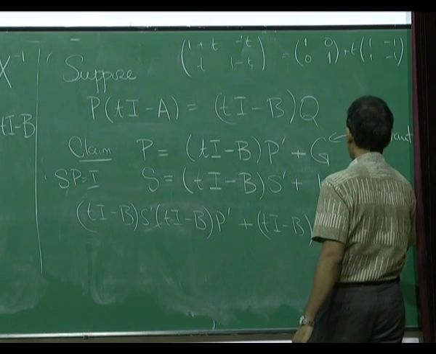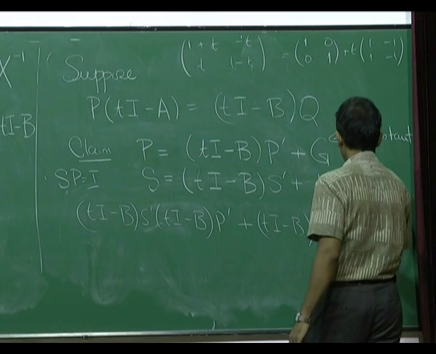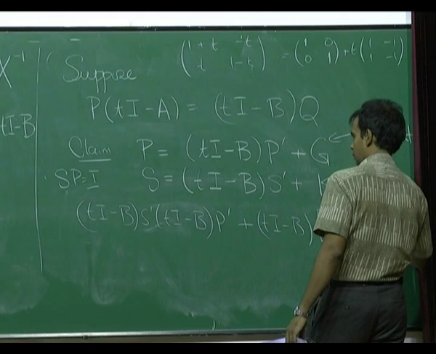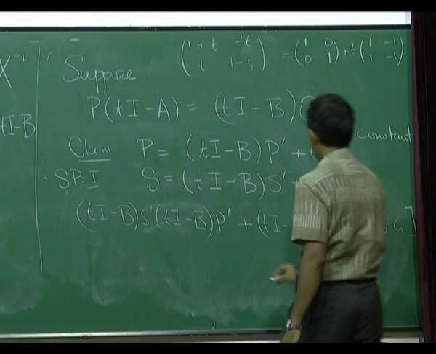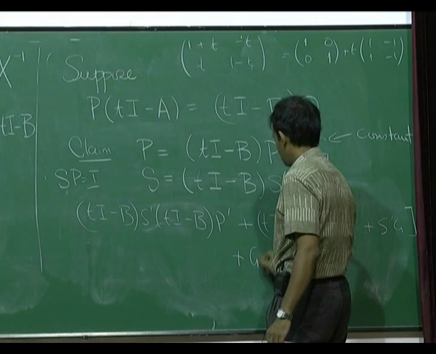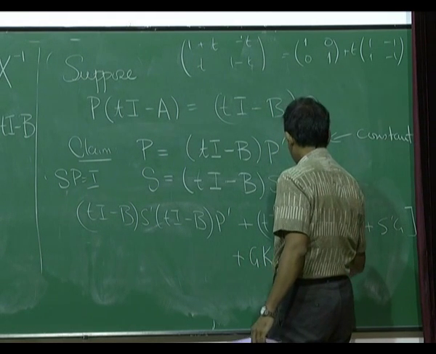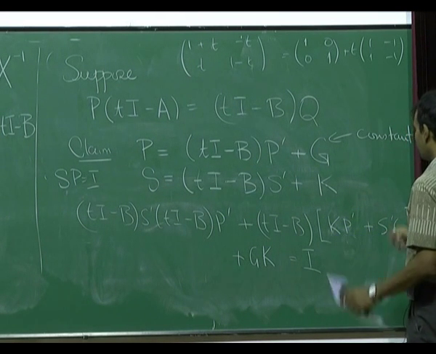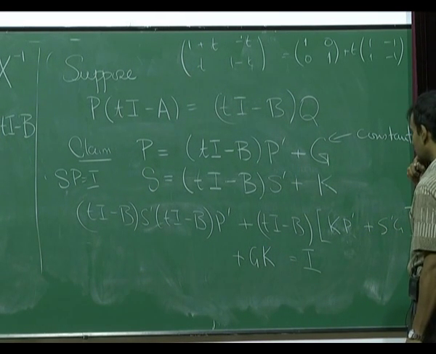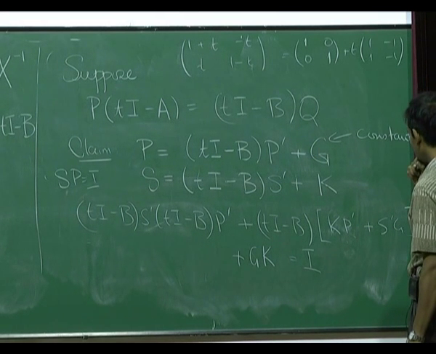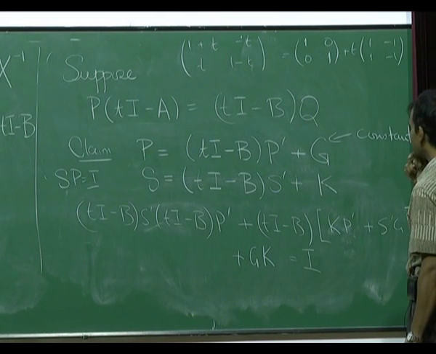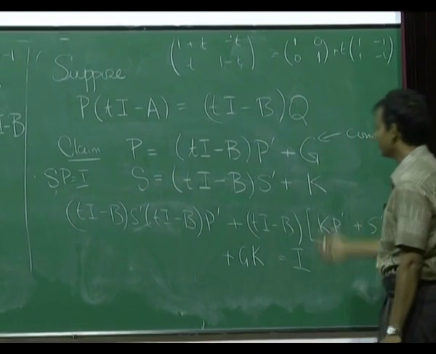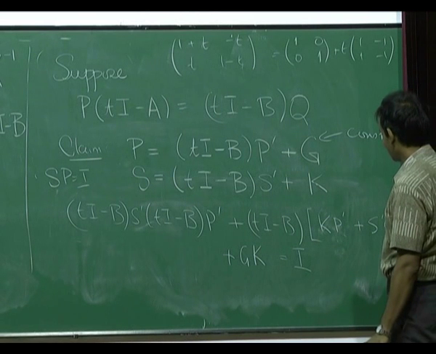It's K times P prime, plus S prime G, plus GK is equal to identity. It should be P prime times K, no, it's S times P, so SP is equal to I. So hey, one has to stick to one of the conventions.